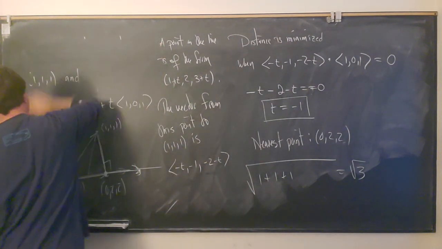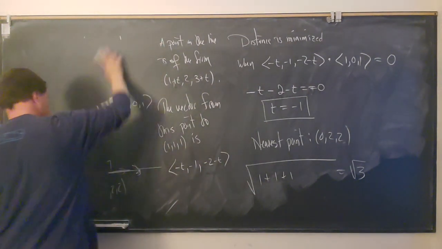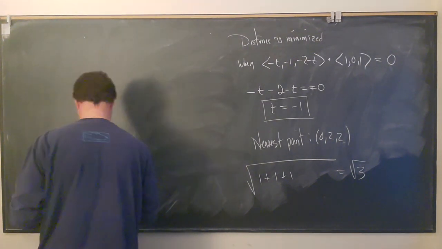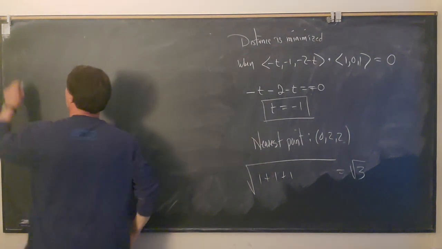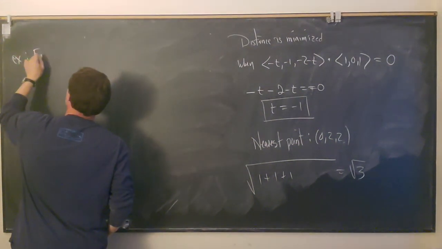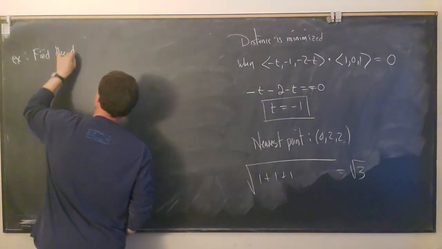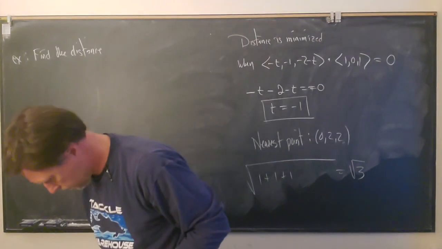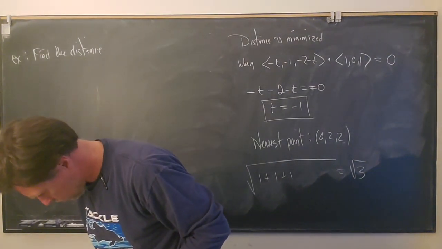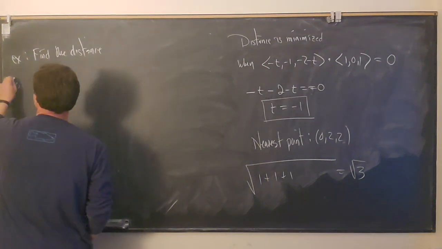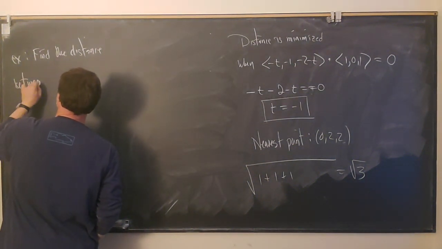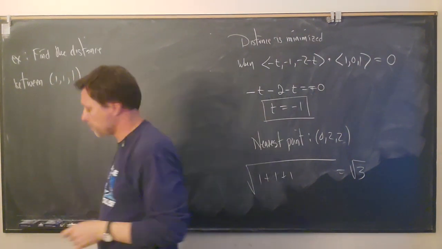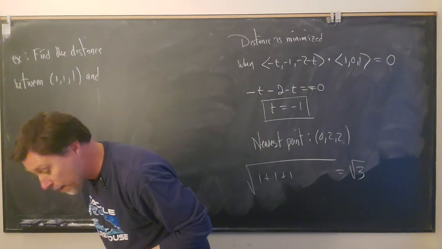All right, so now I want to do one that measures distance between point and plane. So let's find the distance between the point 1, 1, 1 and the plane x plus 2y plus z equals 1.